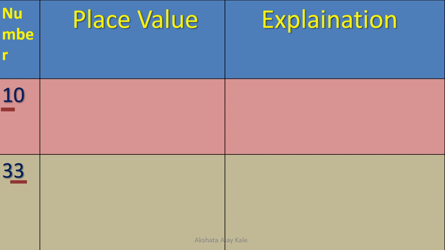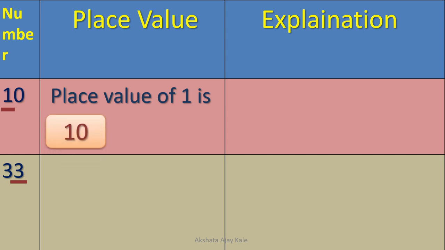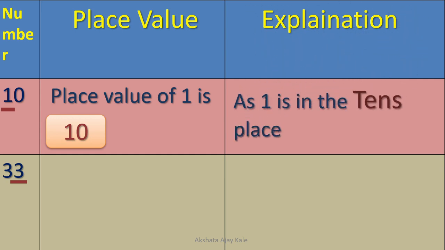Here number 10 is there and 1 has underline. We'll write here the place value of 1 is, come on tell me, what is the place value of 1? Very good. It is 10. Why? Because as 1 is in the tens place. Correct.